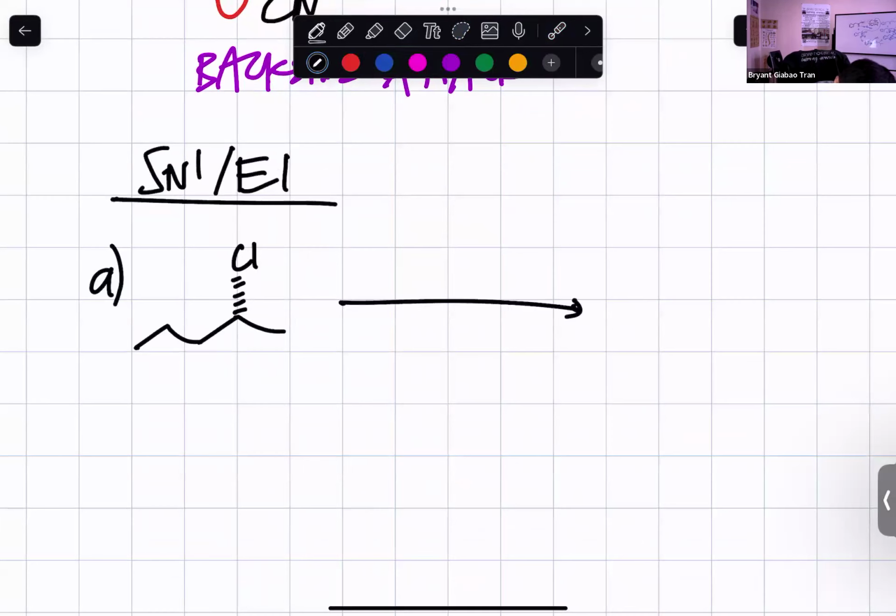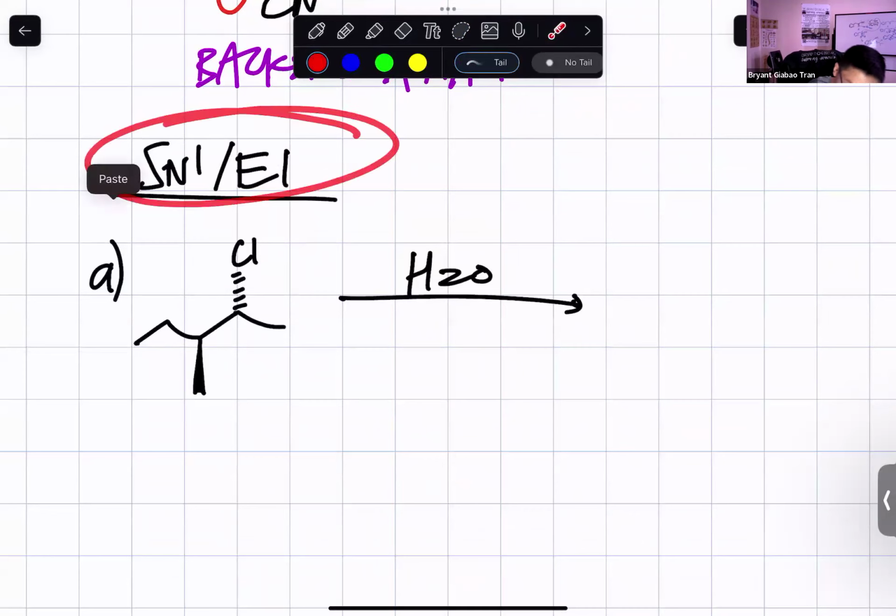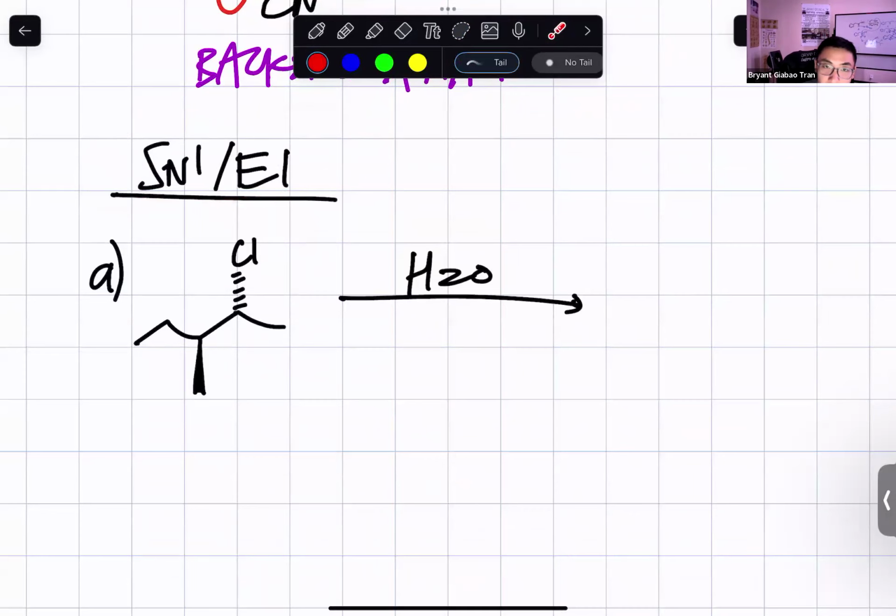So if we react this substrate with a weak base, weak nucleophile like water, it's going to be an SN1 E1 reaction. And the first step of this mechanism is to kick off the leaving group, the good leaving group.